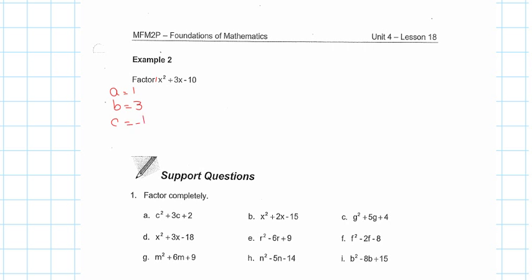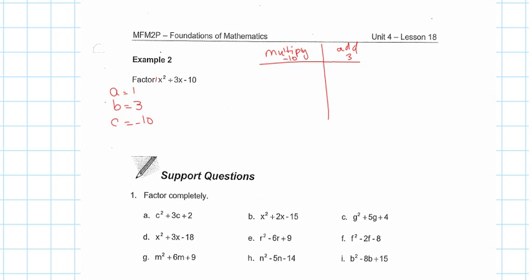Okay, so I'm looking for two numbers that multiply to what and add to what? Multiply to C and add to B. So multiply to negative 10 and add to 3.